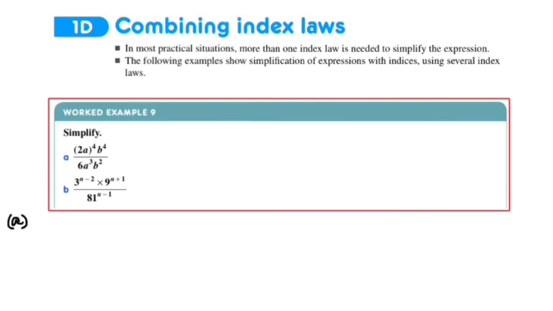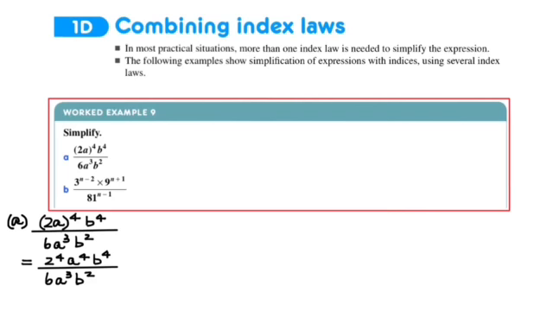So with number A, what have we got? We've got (2a)^4 times b^4 over 6a cubed b squared. Well, what would you do first, guys? Have a look at it. What I would do is multiply that bracket out first, so I would call that 2^4 times a^4 times b^4 over the same denominator.